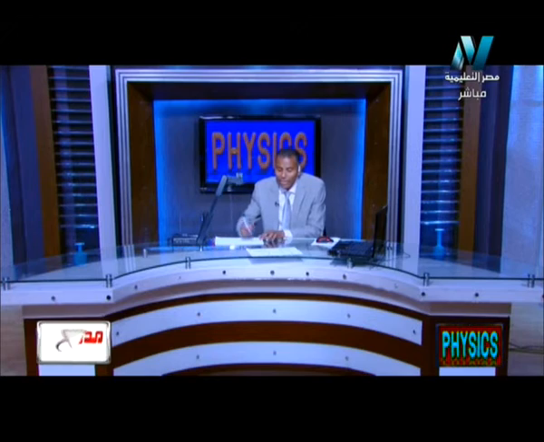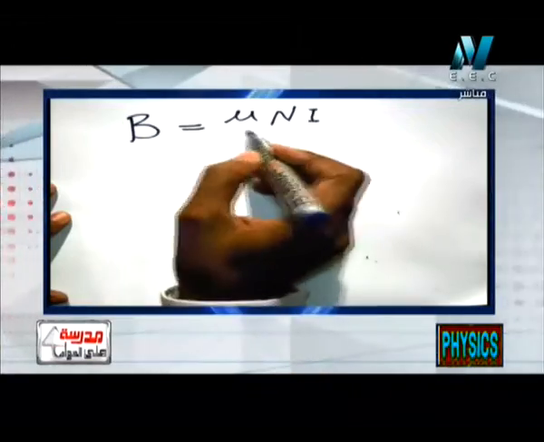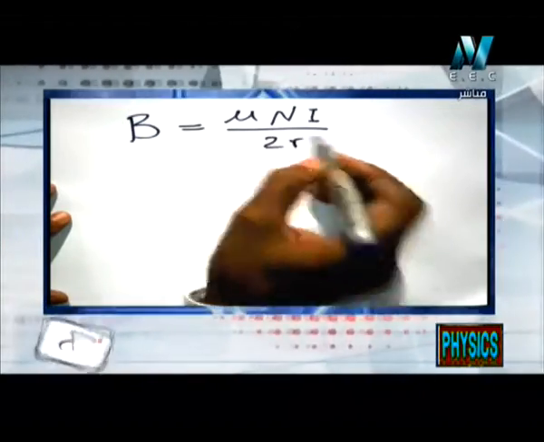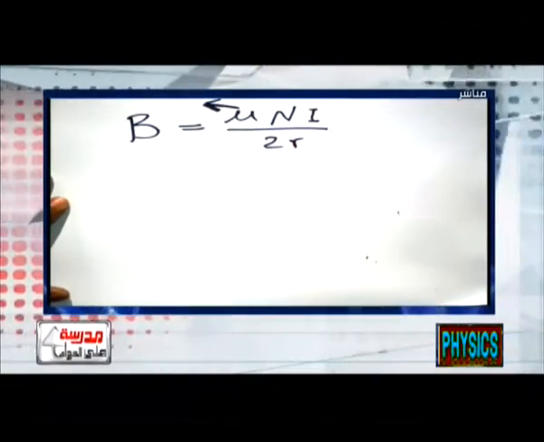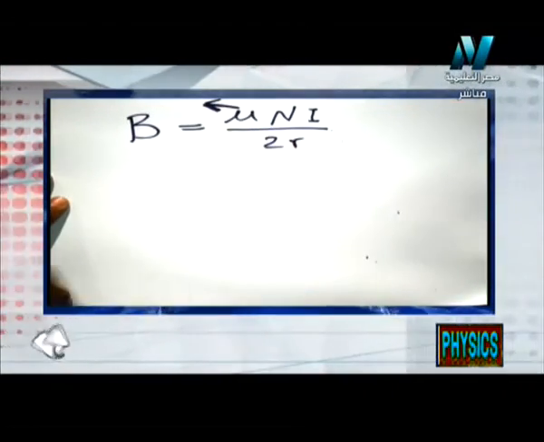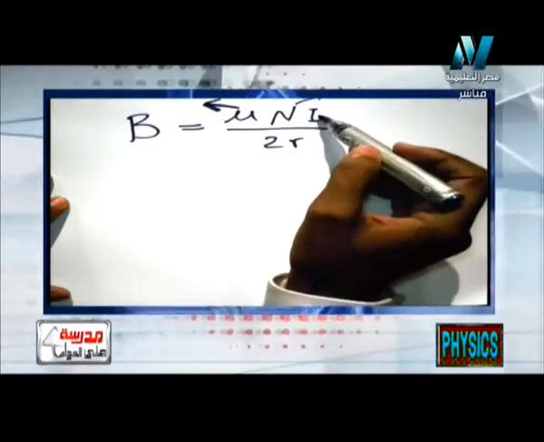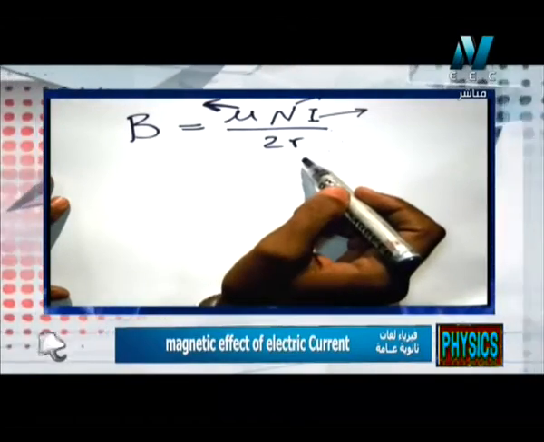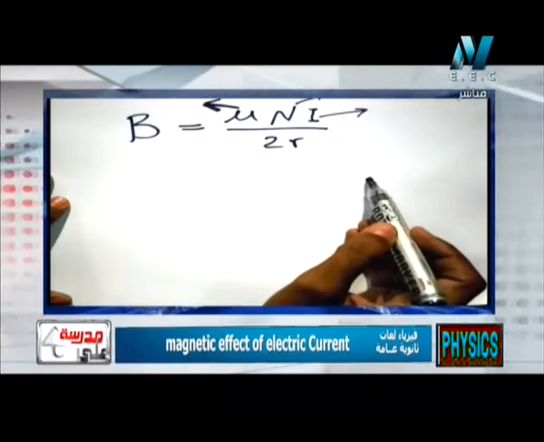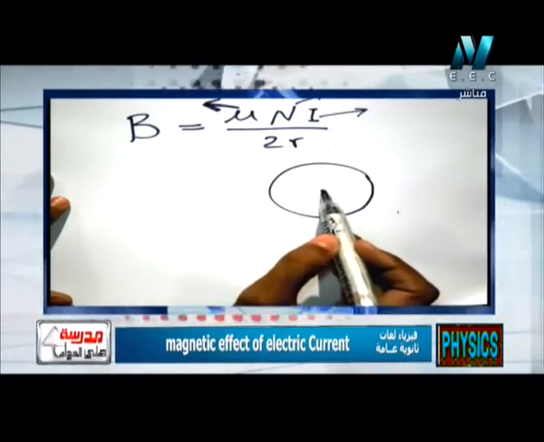Our main rule is beta equals mu n I over 2r. Mu is permeability, n is the number of turns, I is the current intensity. What about r? r is the radius of the circular coil.